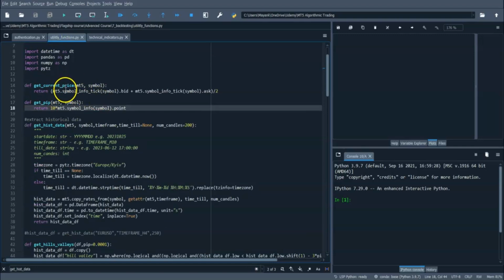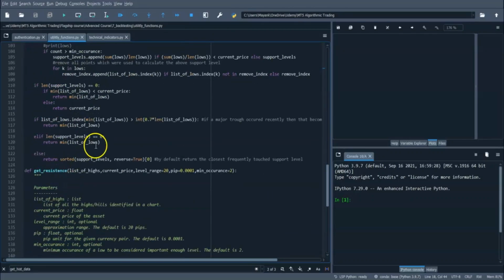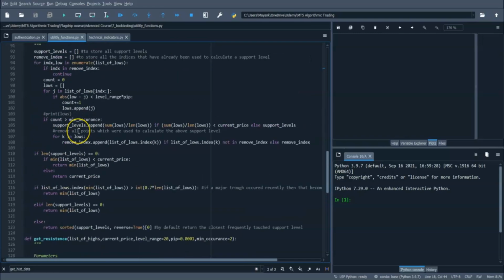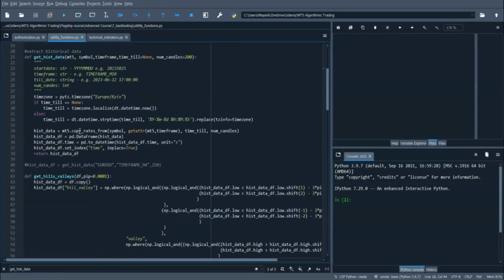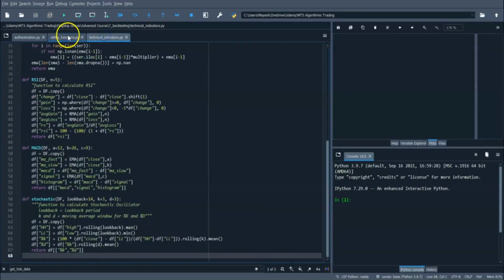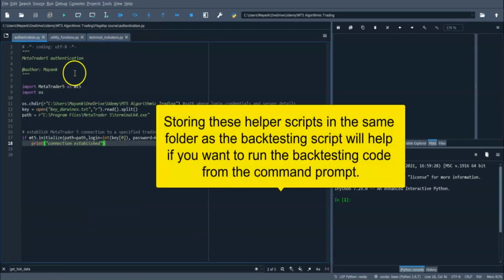These are key functions that will help you get information, for example, getting the pip value, getting current price, getting historical data, getting support prices, resistance prices. These are important because, as you may have figured out, we would need this information to implement backtesting. Just make sure that you store these Python scripts in the same folder where you will keep the actual backtesting script that we are going to develop.